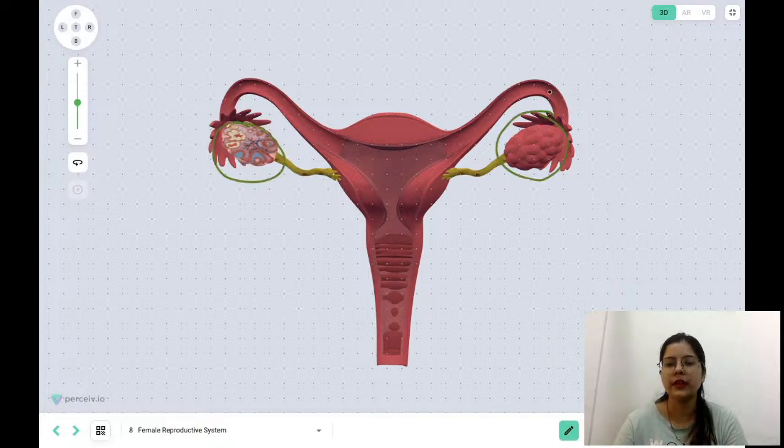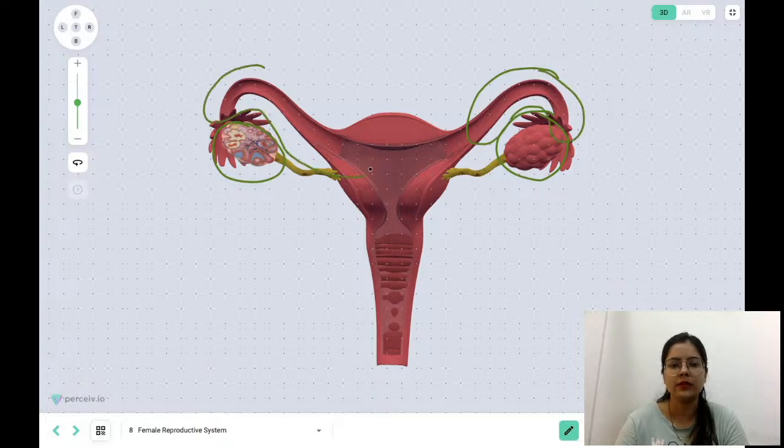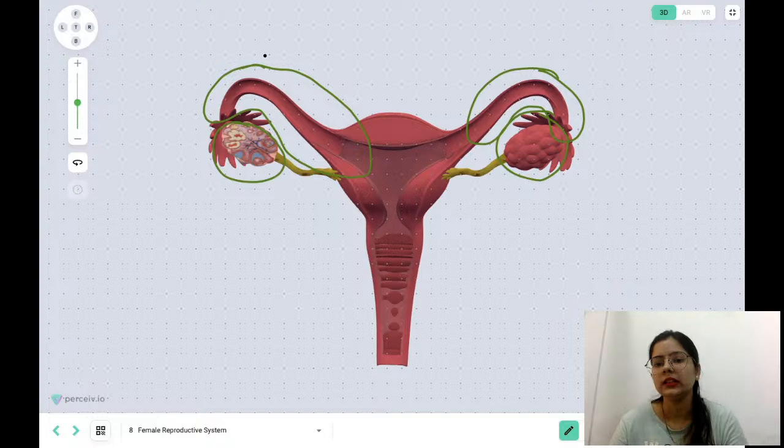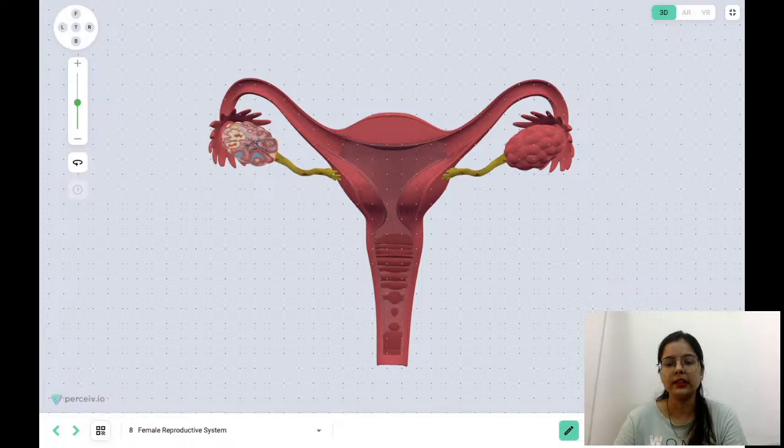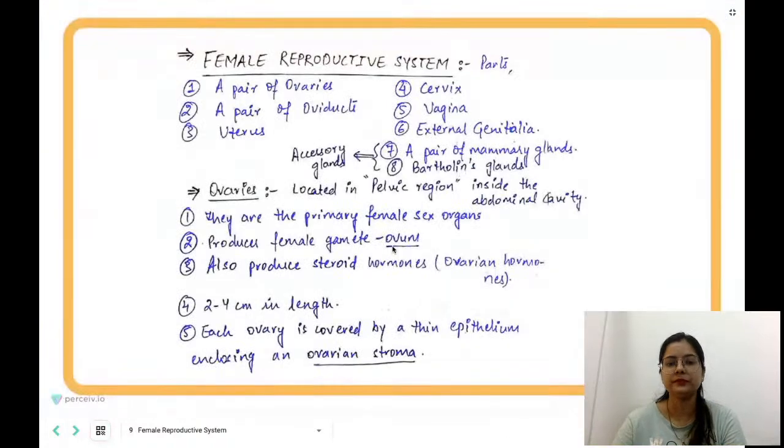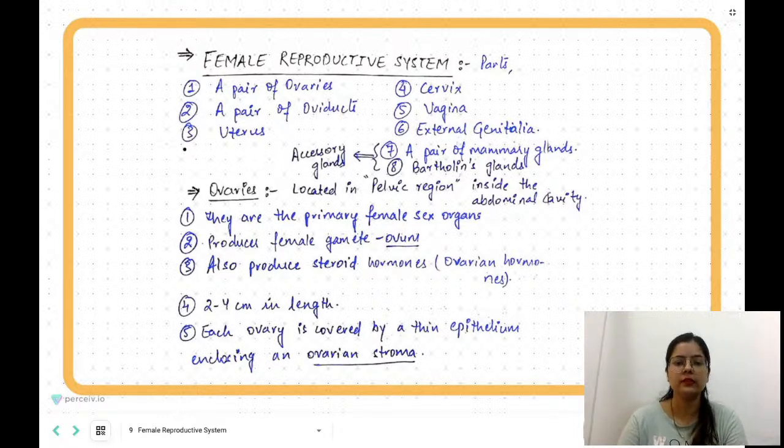This is the first pair, and this component which you can see over here, this is your second important organ of the female reproductive system, which is your pair of the fallopian tube. Clear? Now, moving ahead. So these are found in pairs. Then the third important component becomes your uterus over here.